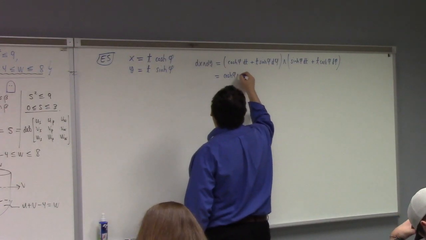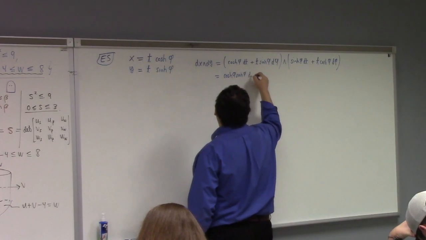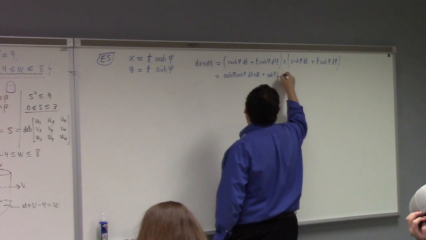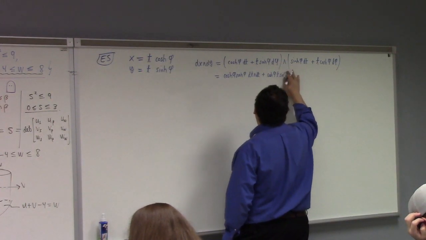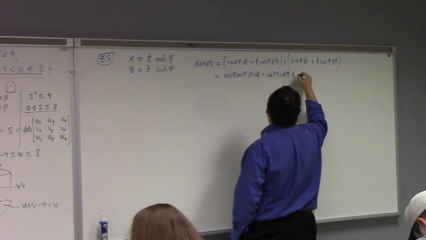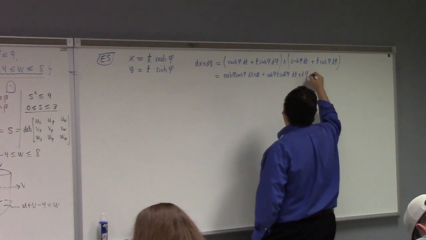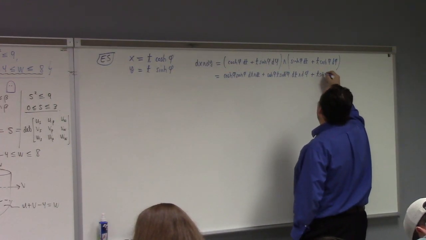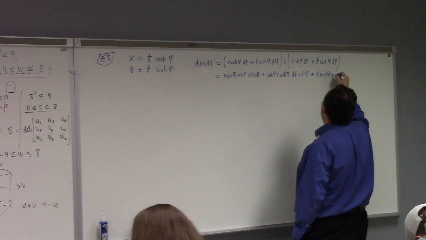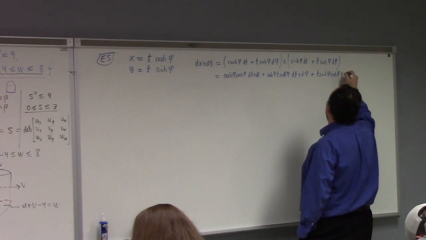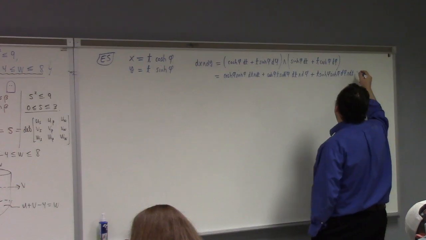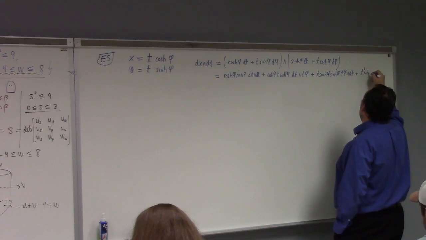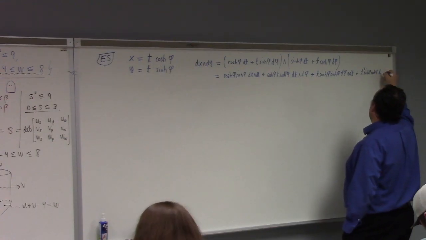Cosh phi sinh phi dt wedge dt, plus cosh phi times t sinh phi dt wedge d phi, plus t sinh phi d phi wedge dt, plus t squared sinh phi cosh phi d phi wedge d phi.